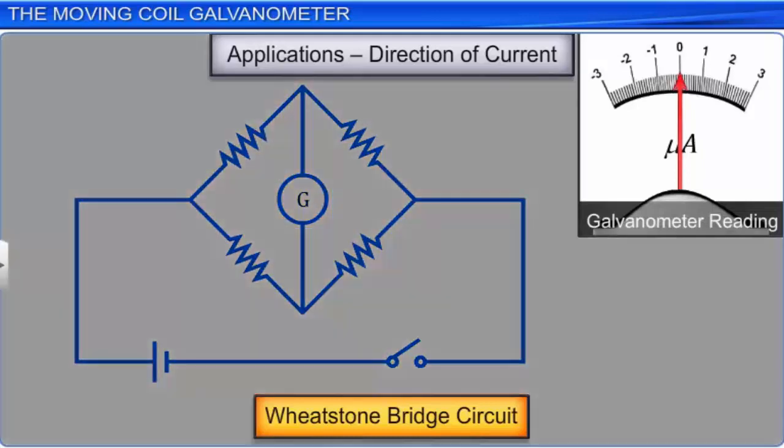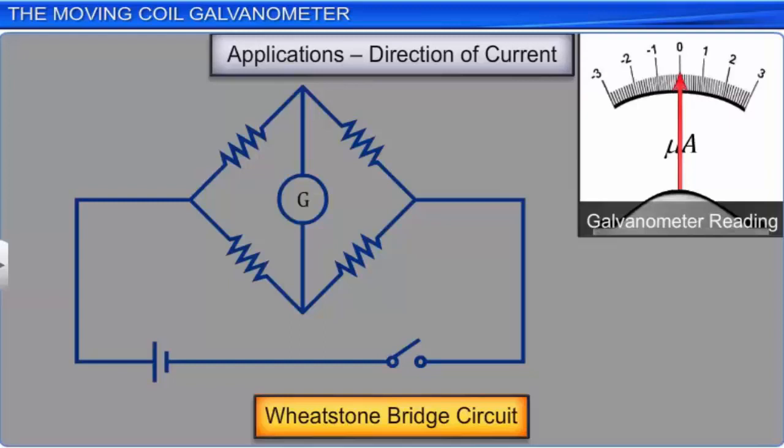In this arrangement, the type of galvanometer used has 0 reading in the center of the scale. The readings on the right side of 0 are considered positive, and the readings on the left side of 0 are considered negative. When there is no current passing through the galvanometer, it shows the reading 0.